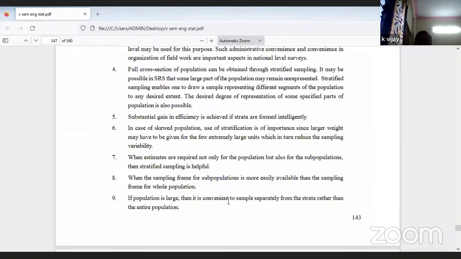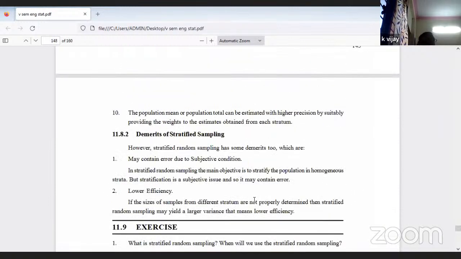Estimates are required not only for the population but also for the subpopulation, then stratified sampling is helpful, when the sampling frame for the subpopulation is more readily available than the sampling frame for the whole population. If the population is large, it is convenient to sample the strata rather than the entire population. The population mean can be estimated with higher quality by providing the weights of the estimate obtained from each stratum.